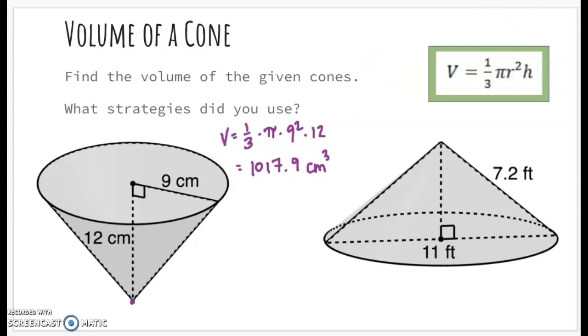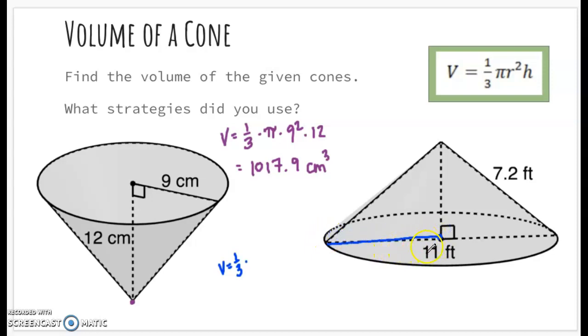All right, let's go ahead and check out the one on the right. Okay, so if we check out this cone on the right, we're going to do volume equals 1/3 times the area of our base. Now we have to be careful because what they're showing us here is actually our diameter of the base. And to find our area of our base, we need to use radius.